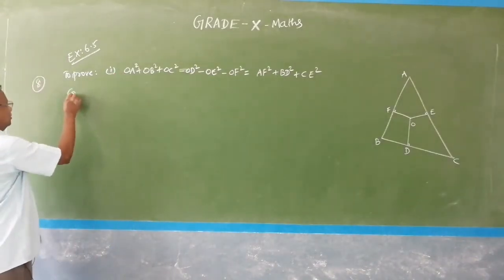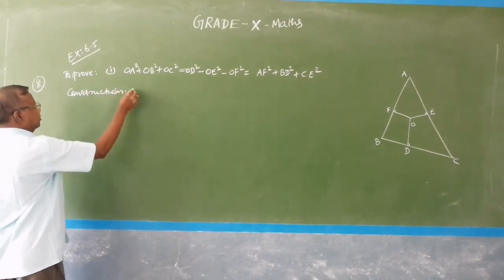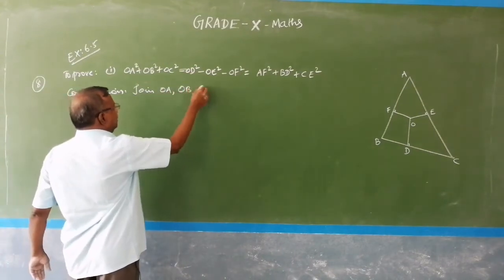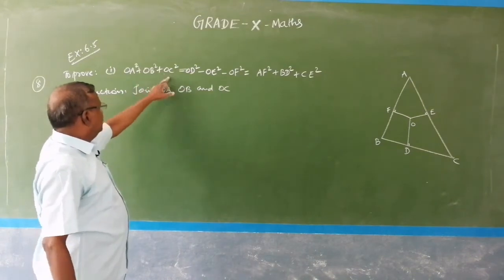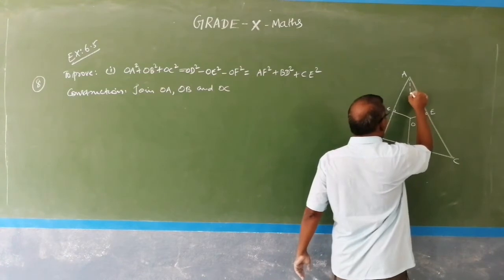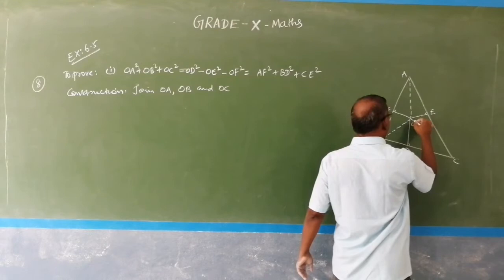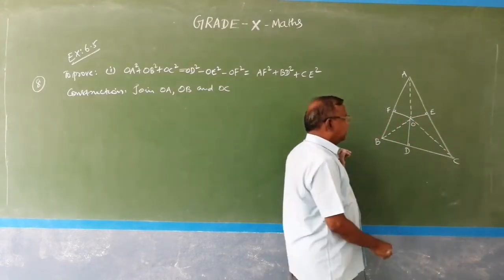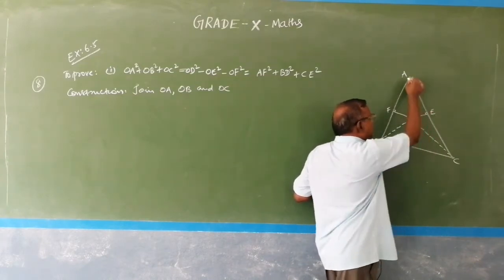Construction: join OA, OB and OC, because we are given OA, OB, OC in the question. Clearly, angle OEA is 90 degree, therefore OA must be the hypotenuse.